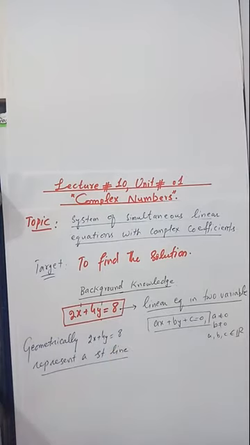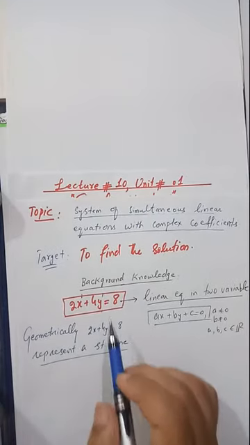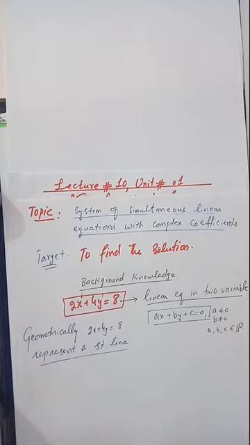So how can you draw the graph of this straight line? You know that the minimum requirement to draw a line is to plot 2 points in a plane, and passing a straight line through the 2 points you get the graph of that line.